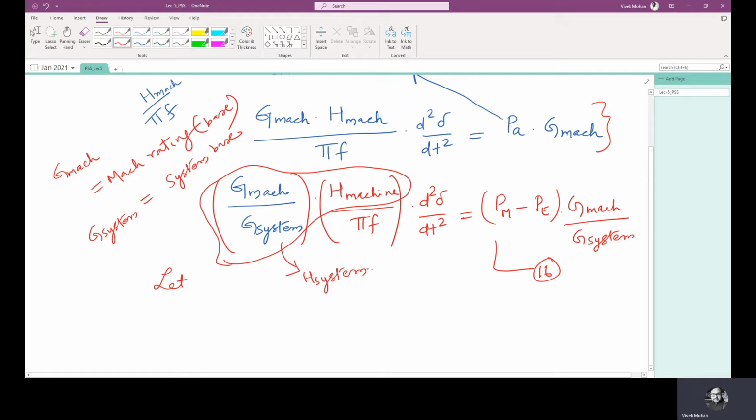H system is the machine inertia constant on system base, because we have G system in the denominator.